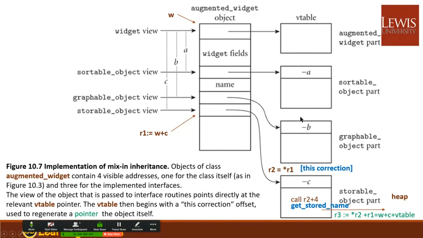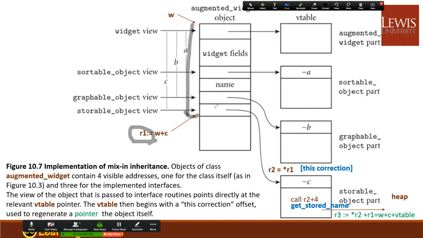So here you will try to find the right table. For the one in the storable view, you have R1 calculated as the widget plus the offset, and then you find the entry from there and use that to find R2. From R2, you call R2 plus 4 to find the method and get the object, and R3 is the calculation of the vtable of that. You get the method to run.